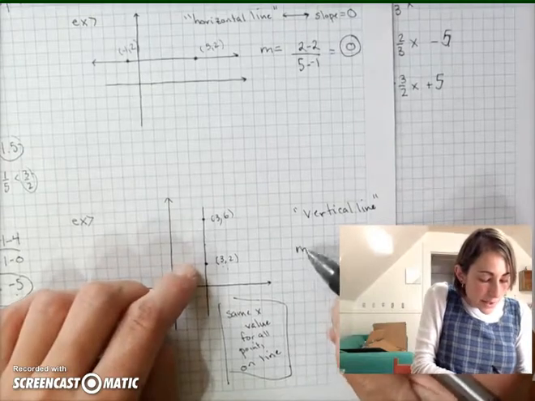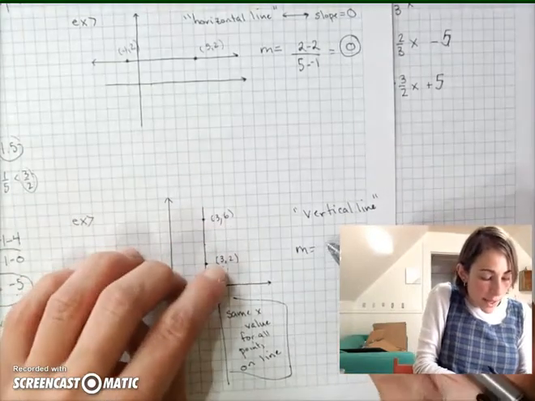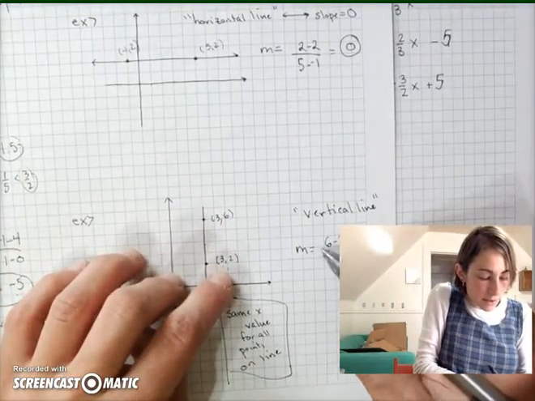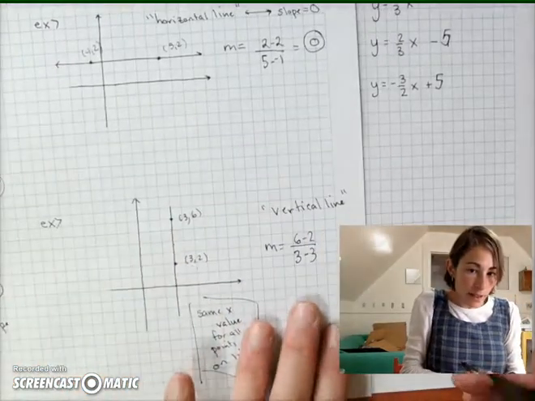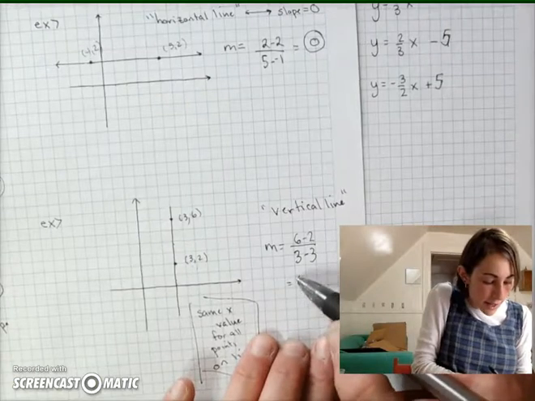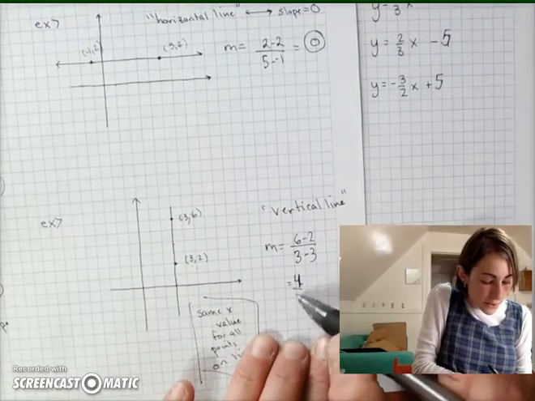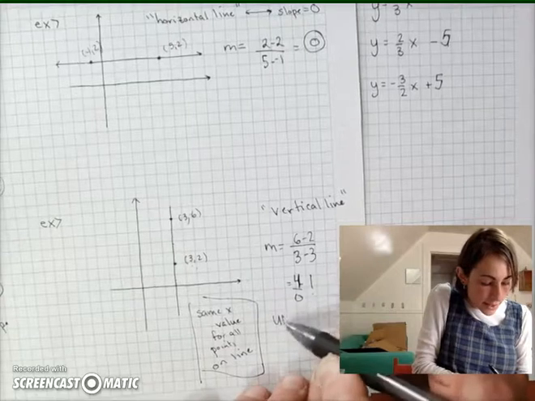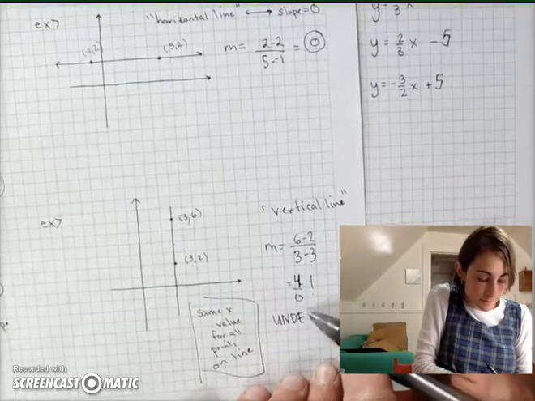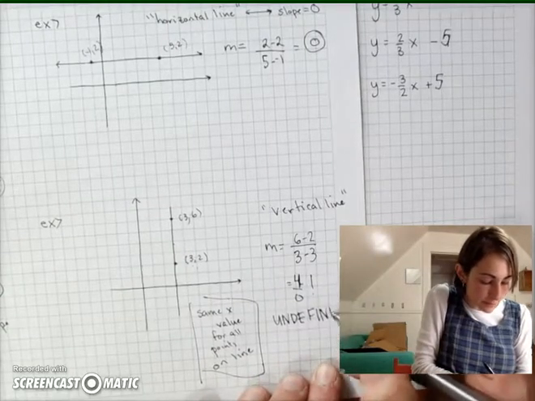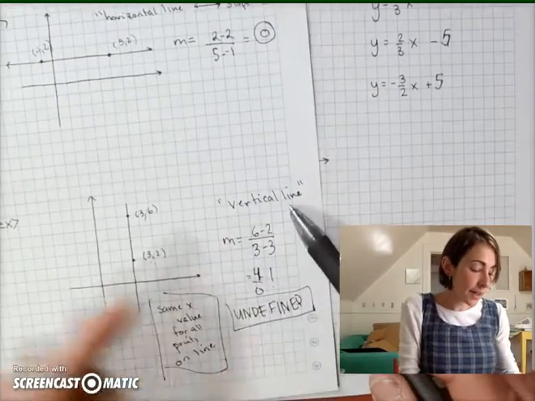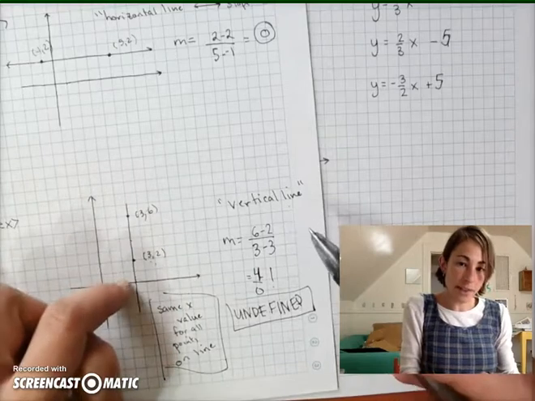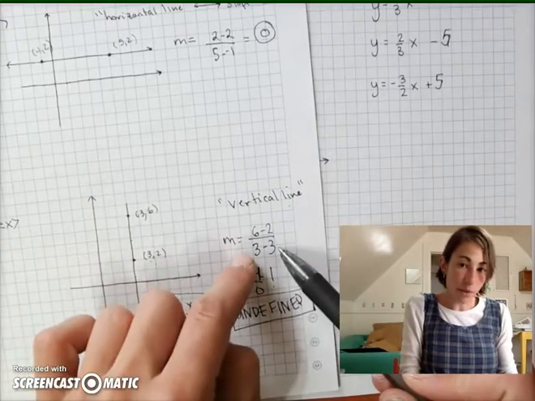So when I go to calculate the slope, the change in y will be 6 minus 2, over the change in x, which will be 3 minus 3. Then what do I get? 6 minus 2 is 4 over 0. This is undefined. A vertical line, because the x values will be the same, the difference in them will always be 0.